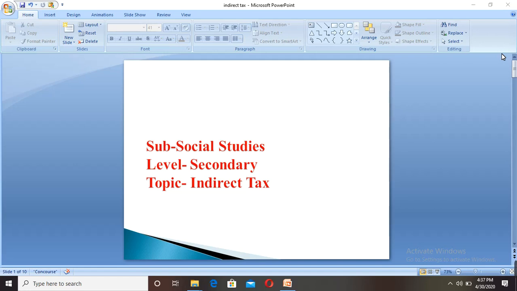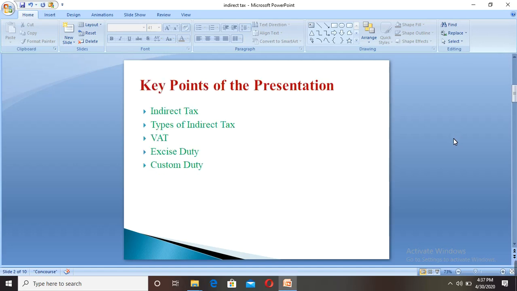Now, I will be talking about what is indirect tax, types of indirect tax: VAT, excise duty, and custom duty. Under indirect tax, I will define what it is, and how indirect tax is different from direct tax as well.